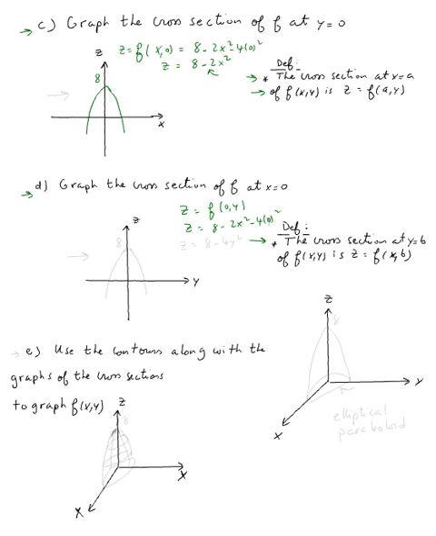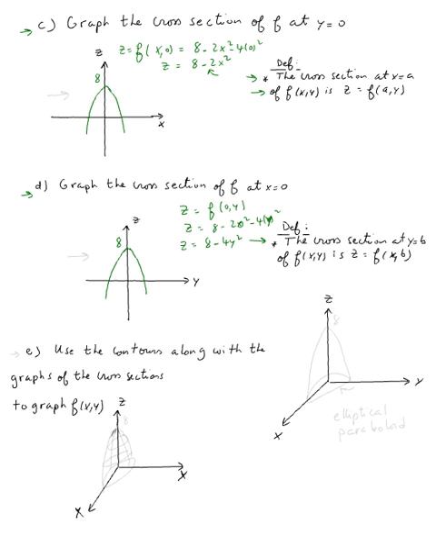All I did, I need to plug a 0 for x, so this will be 0 and this stays y. So z will be equal 8 minus 4y squared. That's also a parabola. Eight is the vertex, (0, 8).